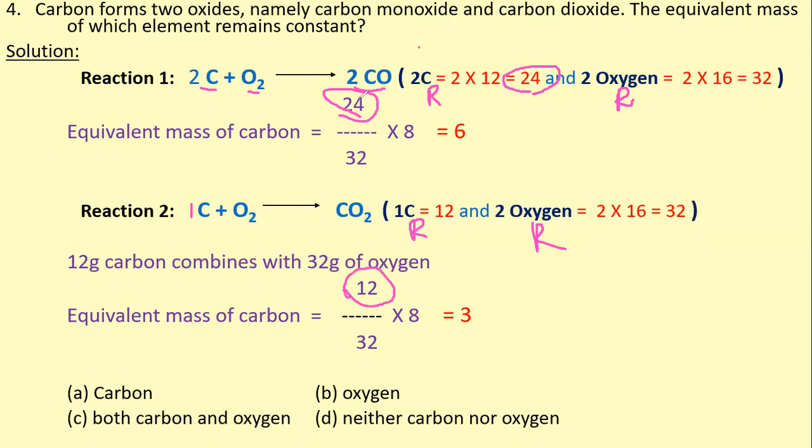So that is not the same, they are different. Whereas here you see 32, it is the same when we compare to reaction 2, 32. Both sides remain the same. So which means we can tell oxygen will be the right answer. You understood? Okay. So now we'll move on to the next problem.